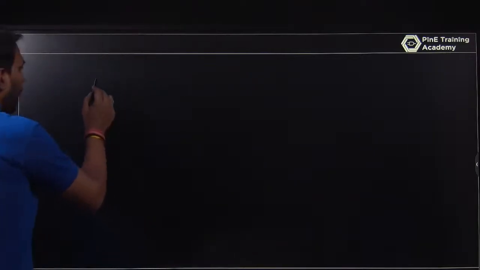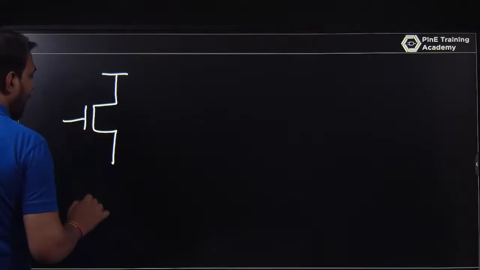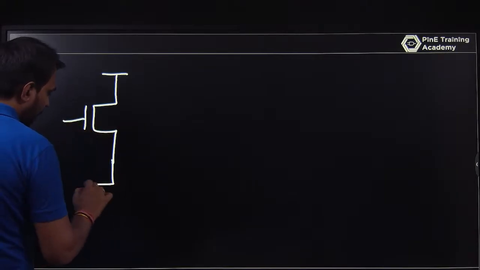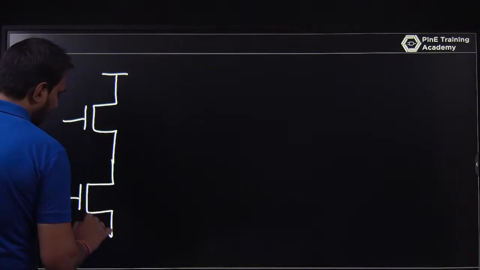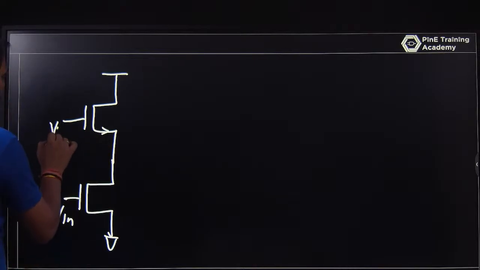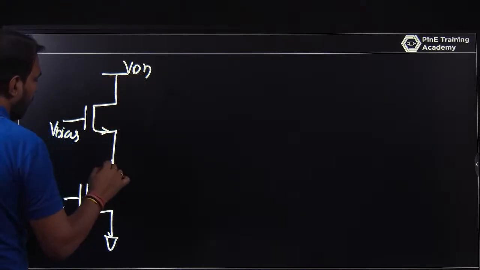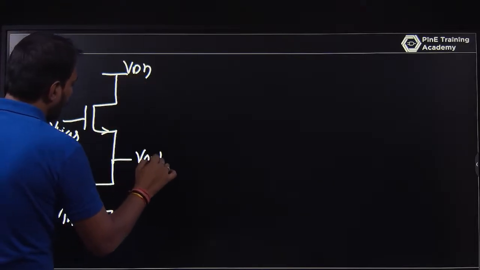Let's talk about using a MOSFET that acts like a current source load. That is an active load. I am using V input here, and one MOSFET here with V bias, this is VDD, and this is V out.